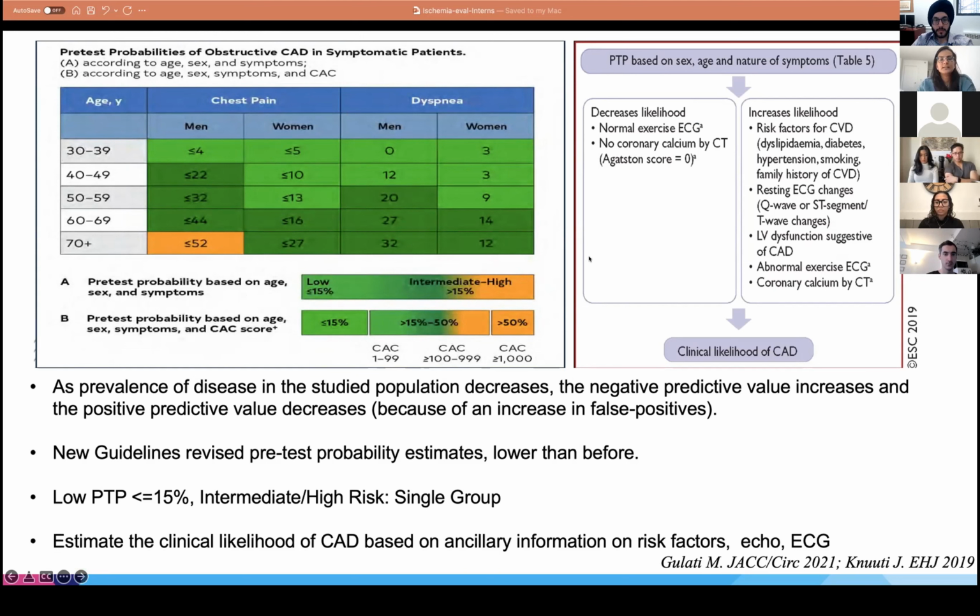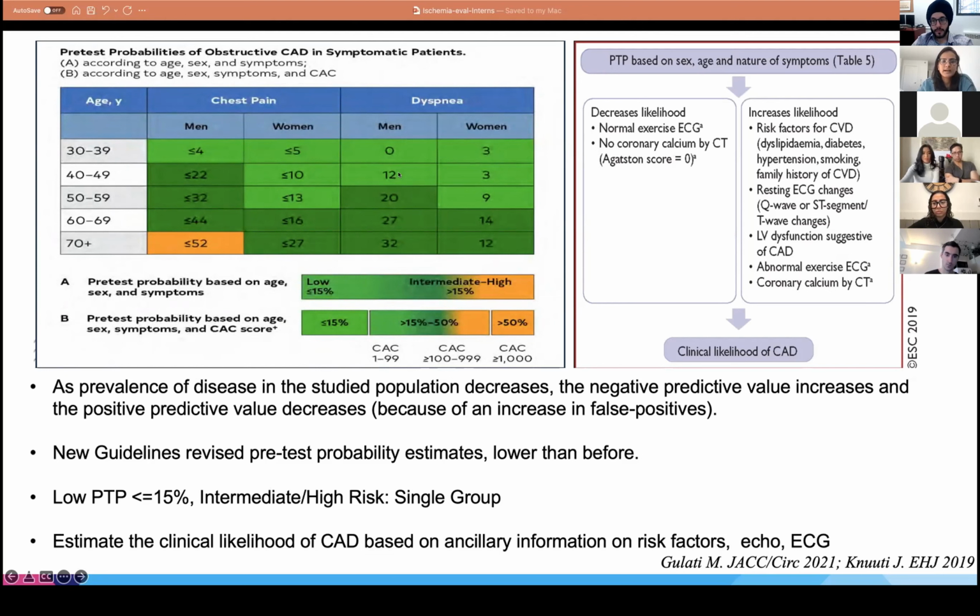This is the nomogram that they're recommending that we use. If you just look at it, really only old men essentially have a high pretest probability, which is defined as more than 50% likelihood of having coronary artery disease.